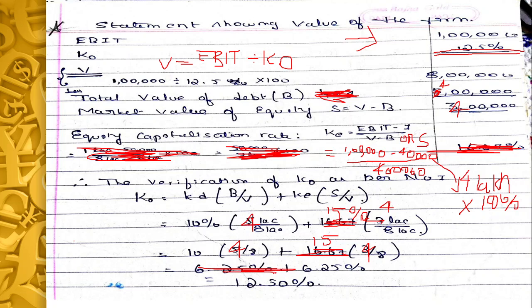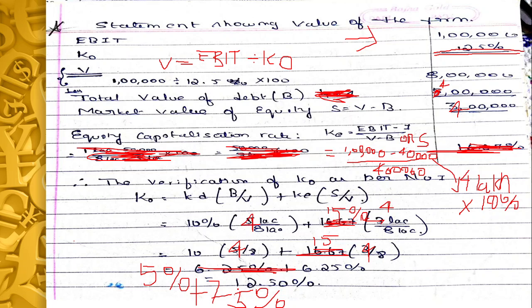So, this would come 10 into half, that will stand at 5%. Plus 15 into half would be 7.5%. So, is it standing at 12.5%?